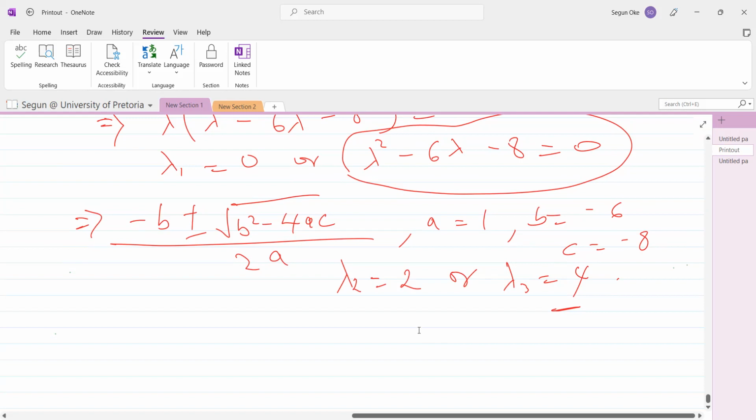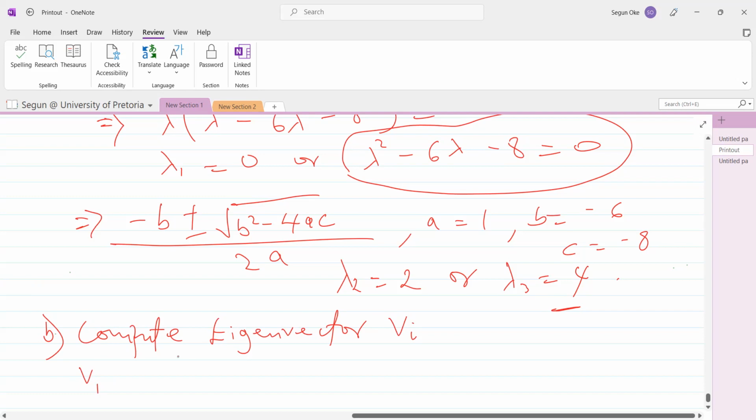The first one, the B aspect of it, is the aspect of the compute. The question can ask you like that: compute eigenvector Vi. That is, Vi means V1. Remember, we have lambda 1, lambda 2, lambda 3.